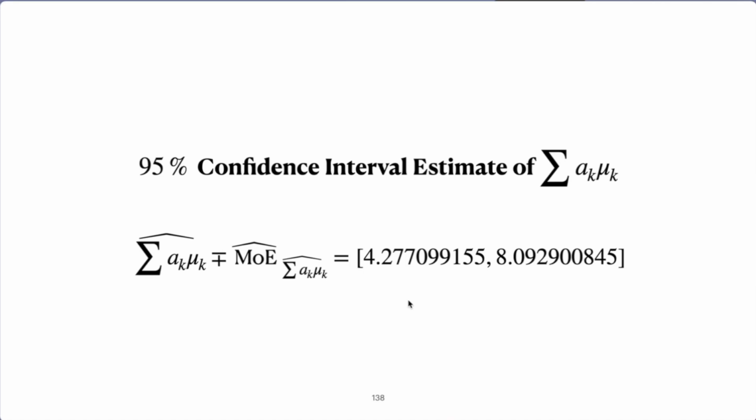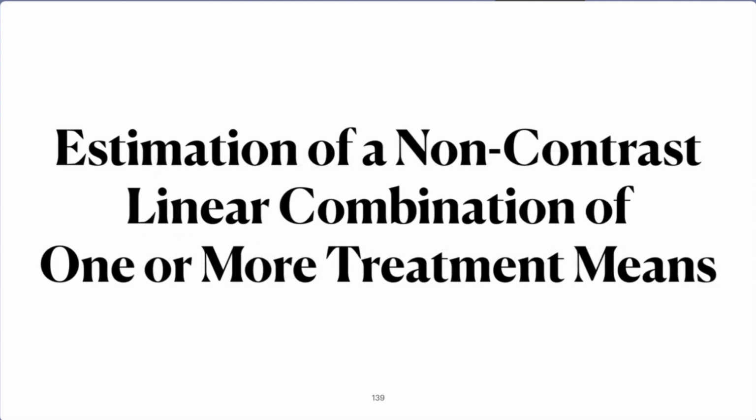In a report, homework set, or exam, we would round to a certain number of decimal places, but I wanted to display the full precision so you can compare your results to mine and make sure you've got no calculation errors. That is how we would estimate that particular contrast.